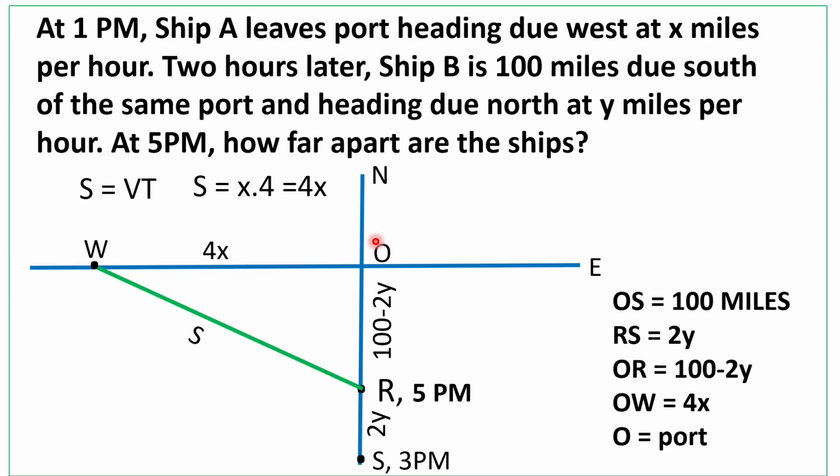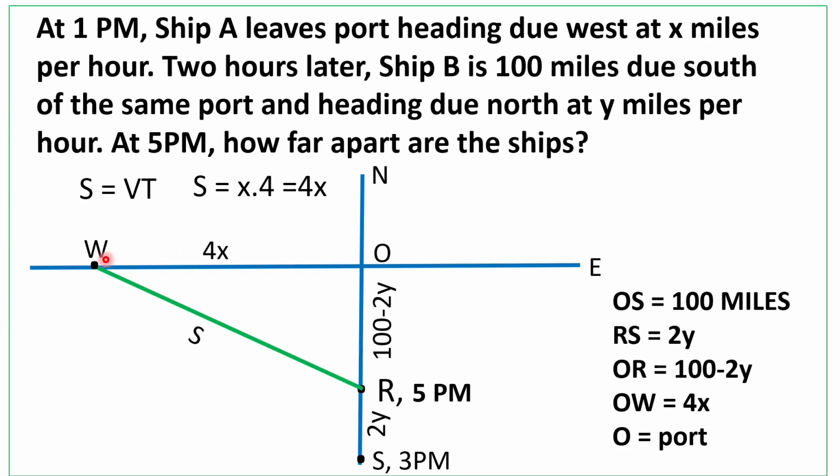So after understanding this data, now we have to determine the distance, that is, we have to determine this WR side. We know this side is equal to 100 minus 2y, and this side is equal to 4x. If you look at this picture, WRO is a right angle triangle in which WR is the hypotenuse.